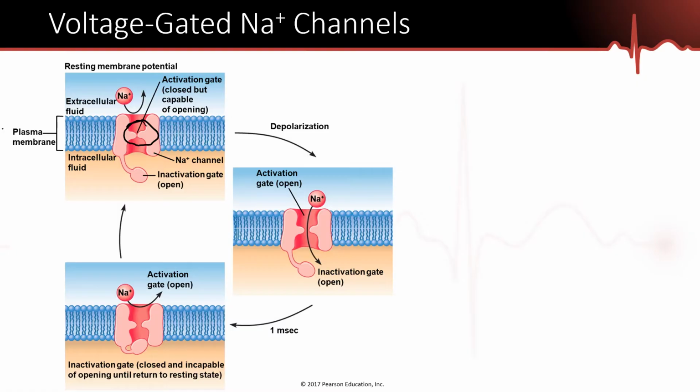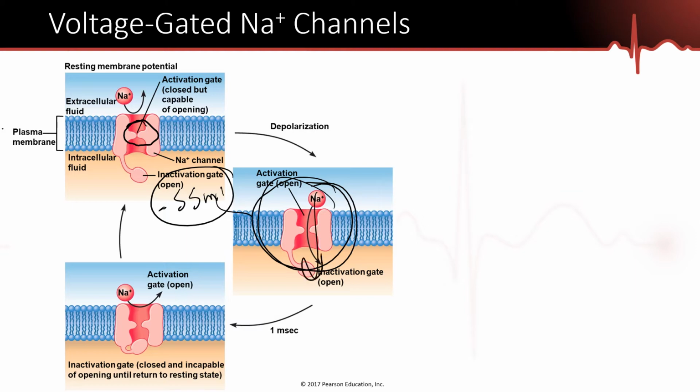And then that allows sodium, right? The hillock region becomes very, very permeable to sodium. The only sodium that's entering in at -70 is through the leak channels, right? So very little sodium is coming in. But if we get to -55 millivolts, now all of a sudden, the voltage-gated sodium channels open. The hillock region becomes very, very permeable to sodium due to the opening of all these channels, and sodium shoots in.